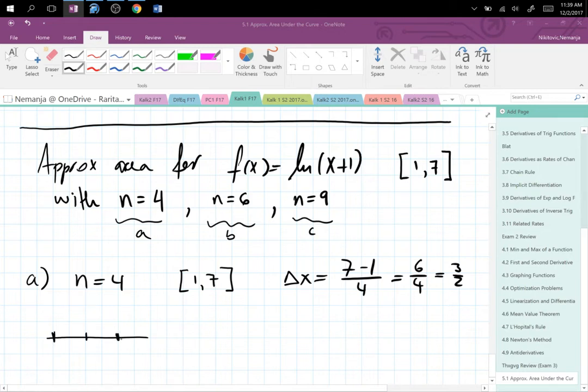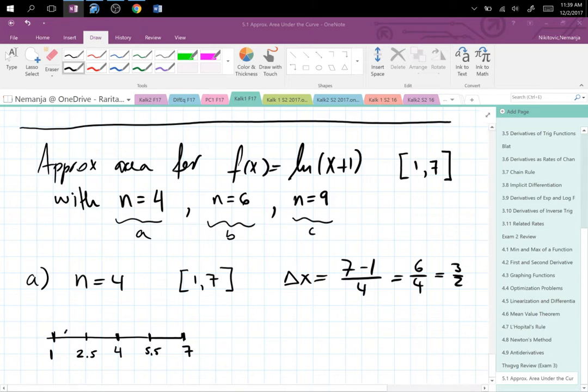1, 2, 3, 4, 5 numbers make 4 rectangles. I start at 1, and then there's 2.5, and then 4, and then 5.5, and then 7. These are the numbers that I have to use, because these are the partition points.